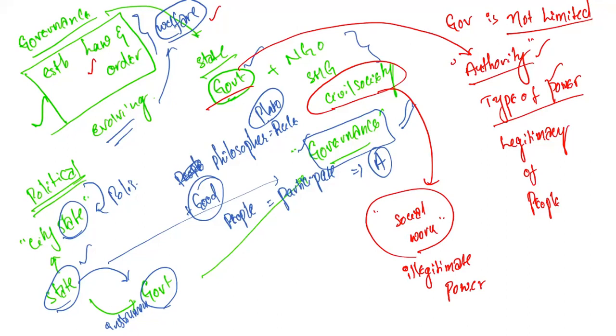So in general, they might ask this question in interviews: why do you want to become a civil servant? Look at this concept, a very interesting topic. They might ask in the personality test why you are interested in civil service.